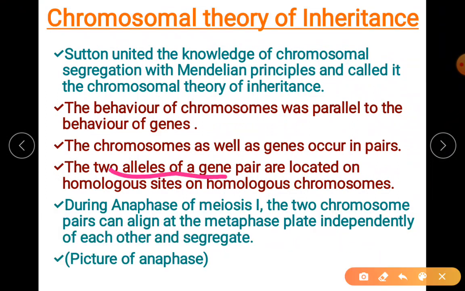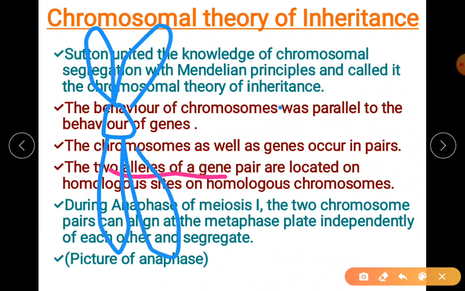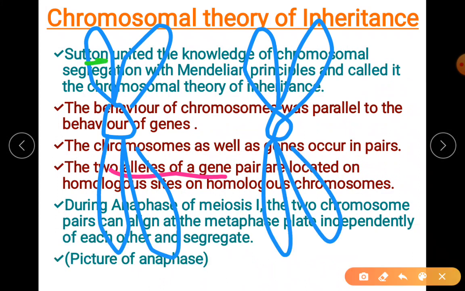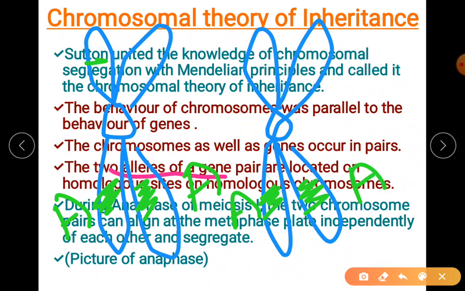2 alleles of a gene pair are located on the homologous sites. Now when I say homologous sites on homologous chromosome, again you should know what is homologous chromosome. They are duplicated. Here also homologous, duplicated. So I am saying about, so imagine this area, okay, this area is the gene A. So I hope you understood.